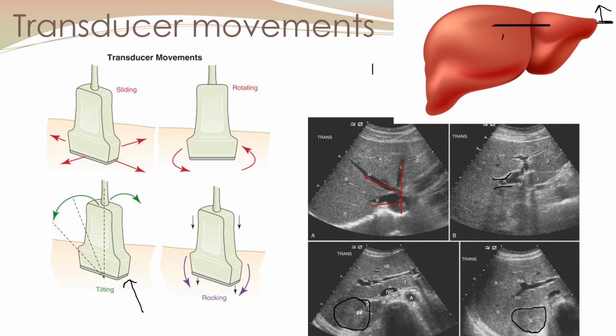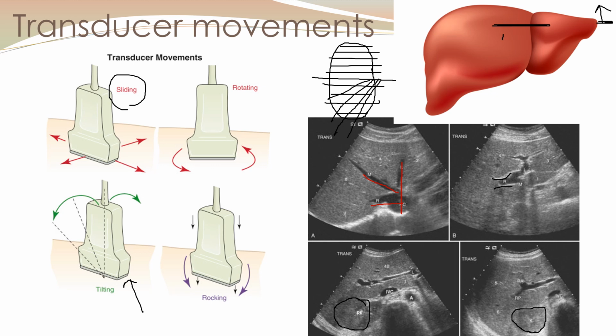If I were to have a kidney and I got a transverse cut of that kidney in this plane, and then I started to tilt, like we just talked about, it would get me some really strange cuts of that kidney. So on some organs, what you need to do is slide the transducer to maintain a transverse cut to that organ. So sliding is another important option for your transducer movement.